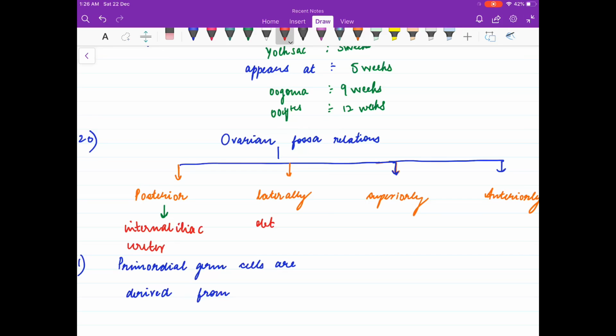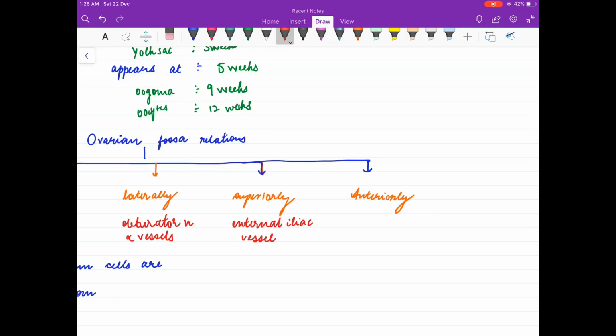Laterally it is related to obturator nerve and vessels. Superiorly it is related to external iliac vessels, and anteriorly it is related to obliterated umbilical artery.